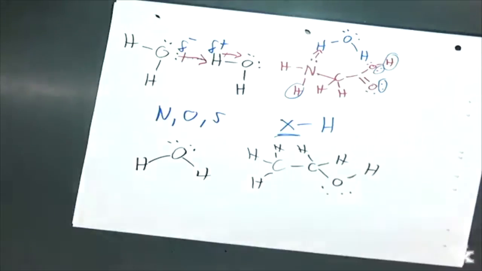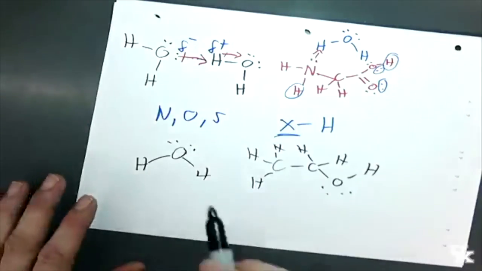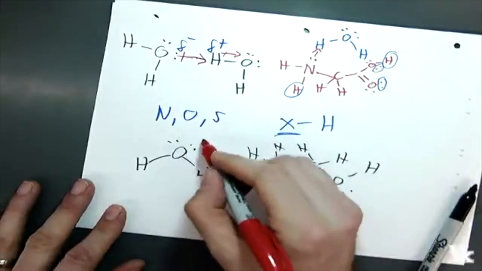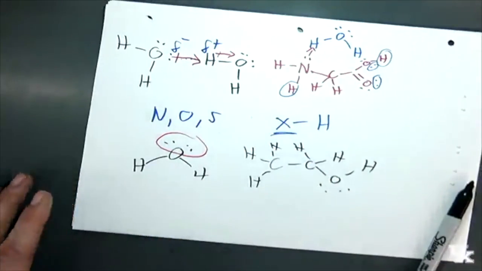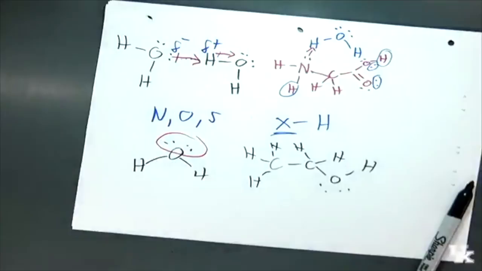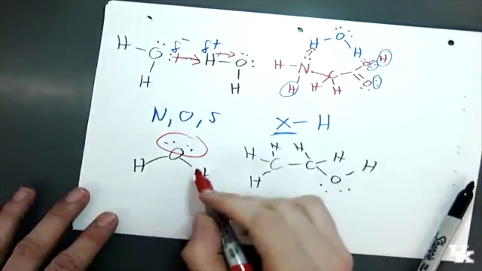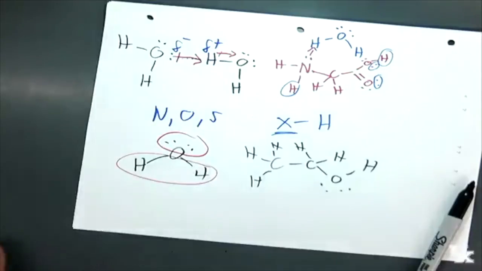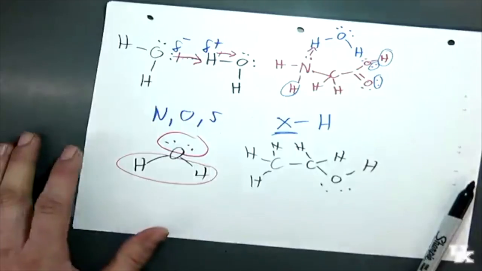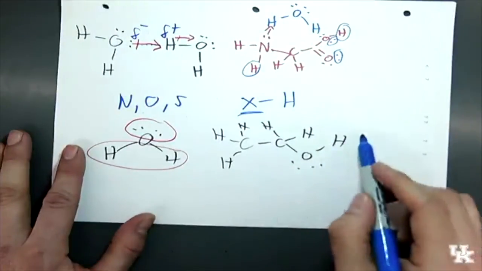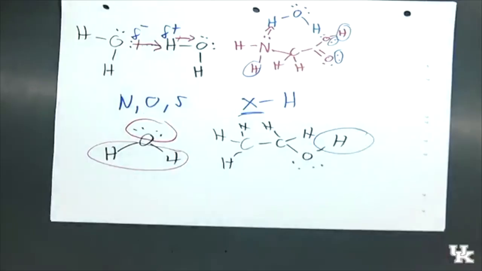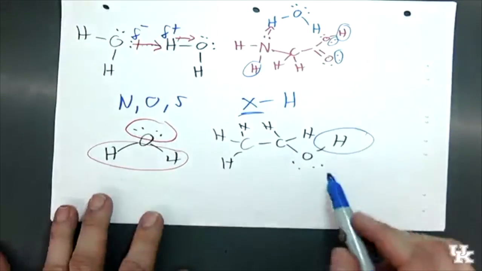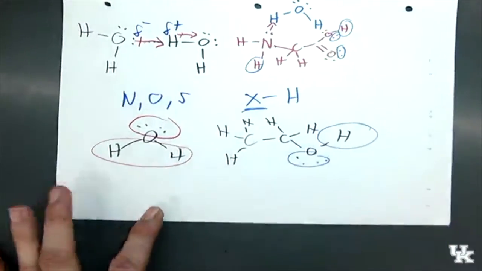Thinking about this set of materials we have right now. Water, 2 hydrogen bond donors, meaning the electrons go towards the hydrogen, and 2 hydrogen bond acceptors, meaning they accept electron density from another molecule. Ethanol only has 1 hydrogen bond acceptor, right? It still has 2 donors here, but it only has 1 hydrogen bond acceptor.